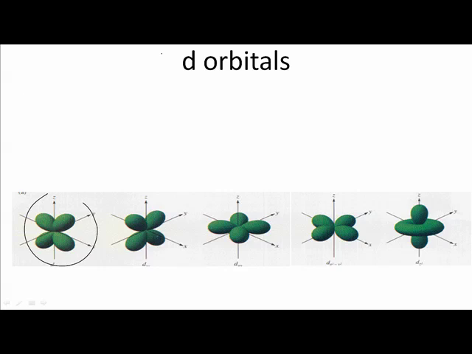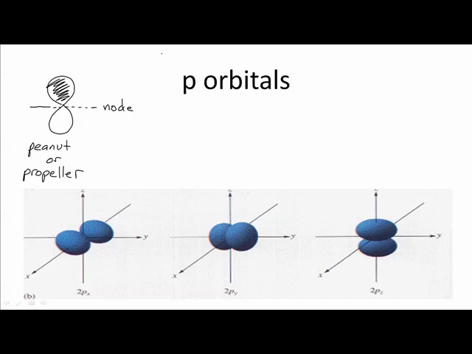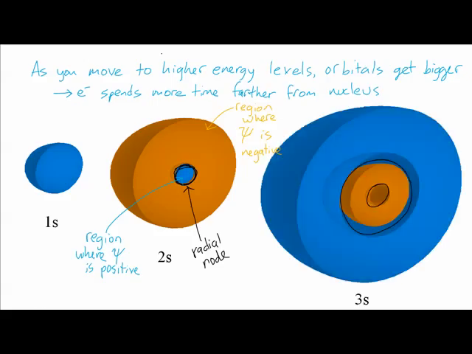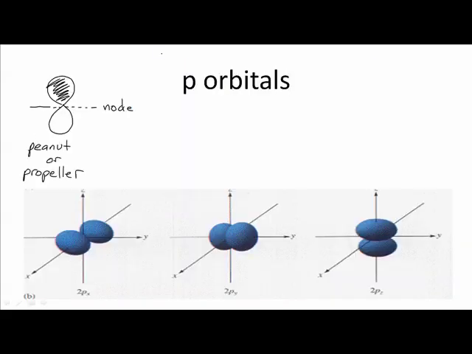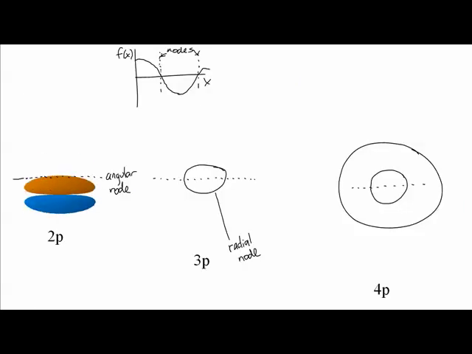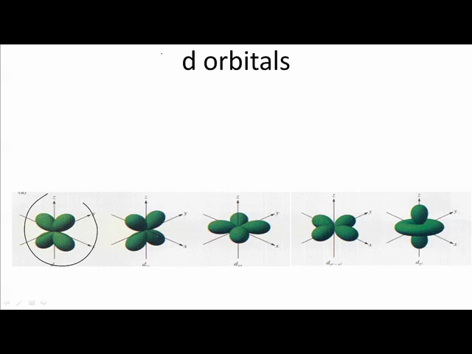That's it. D orbitals. Well, let's look at the pattern. S orbitals had no angular nodes. P orbitals had 1. D orbitals probably have 2. And if they have 2 angular nodes, that's going to be 2 planes. That's going to split them into 4 different regions, right?